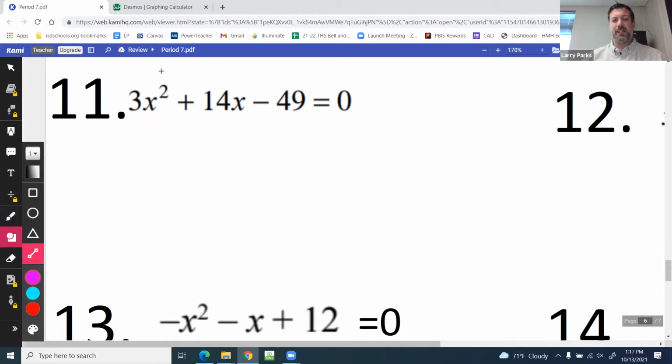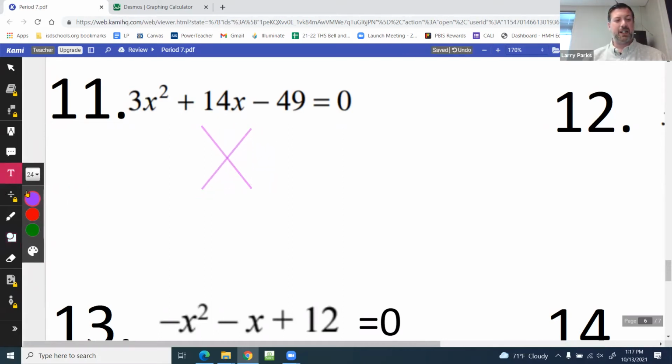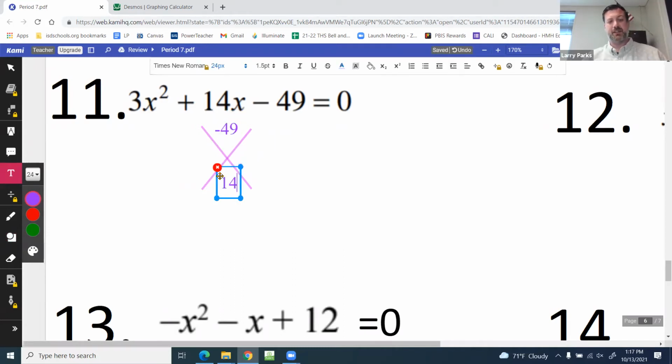All right, first thing I look at this, 3 and 49. Well, actually, I could just look at 3 and 14. 3 and 14 have nothing in common besides 1. So I go ahead and I make my factor x. And I am going to put negative 49 up there and 14 down here. Now I have a little calculator right here in front of me.